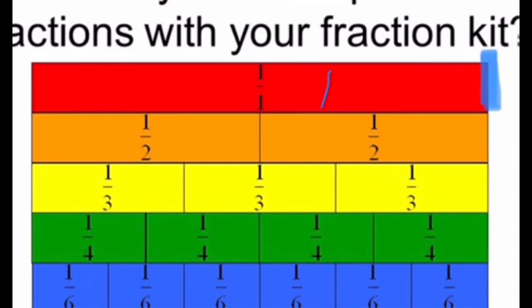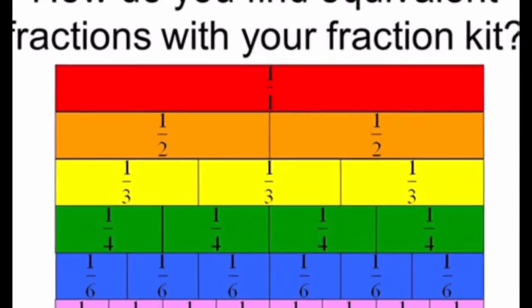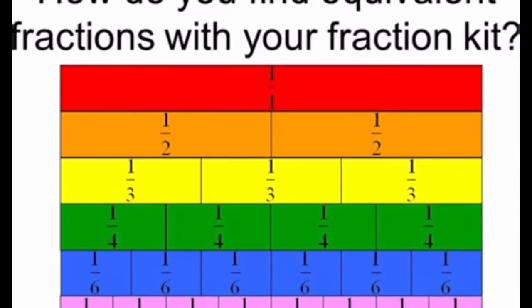It gets a little trickier to think about fractions that mean the same, or which fraction is bigger, when the denominators are different. The bottom number of your fraction is different. So if I look at, let's say, 1/2. Let's look at 1/2 here. So I'm going to look at 1/2 right there and find a fraction that is equivalent to 1/2.